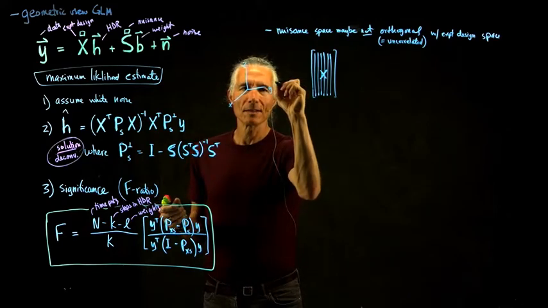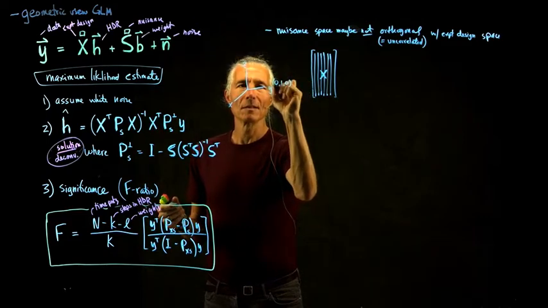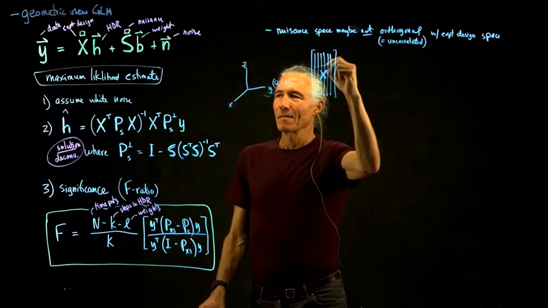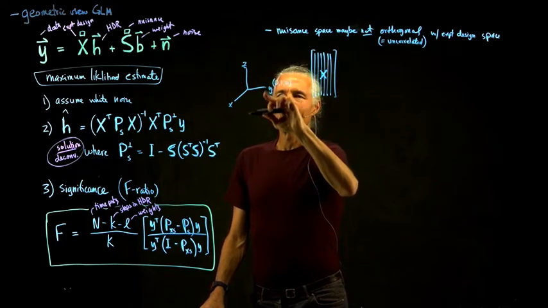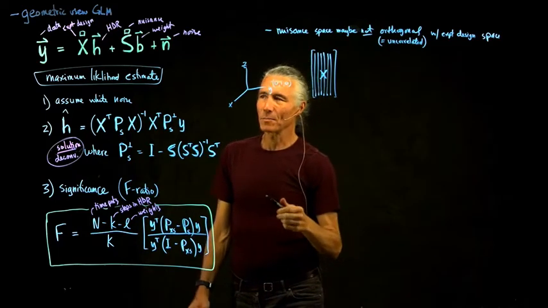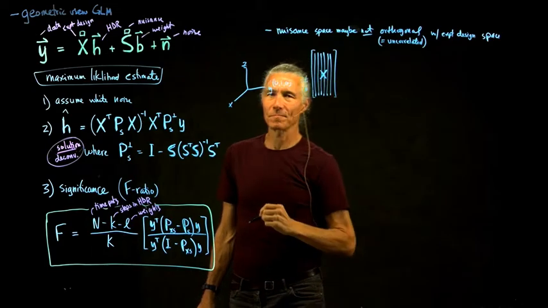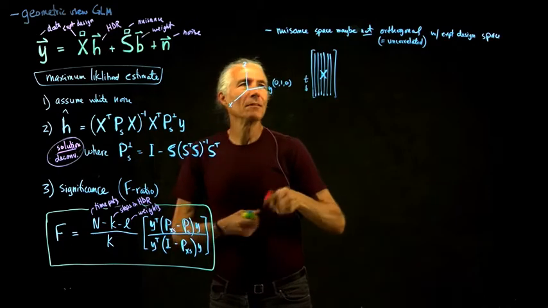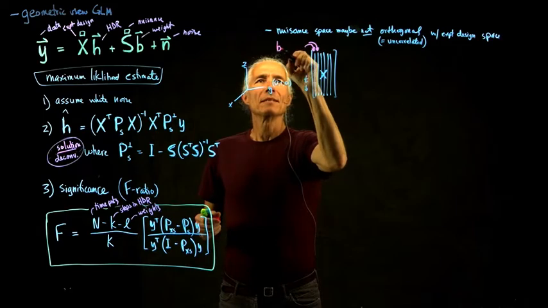Well, the Y vector is 0 for X, 1 for Y, 0 for Z. That's what these vectors are like, except instead of 3 dimensions, they have 400 dimensions, because they have as many dimensions as time points. So this is time going in this direction. And each one of these is a basis vector.